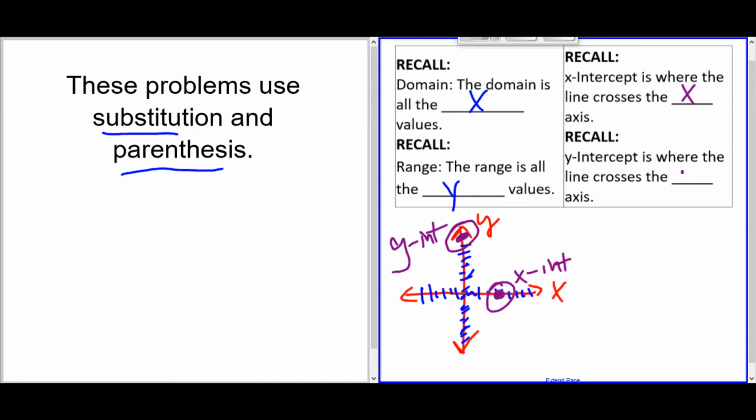So that's the y-intercept. You talked about this in Algebra 1, but I wanted to bring it to your attention because we're going to talk a lot about domain and range. Remember, domain is input and range is output. We'll review this again in just a minute.